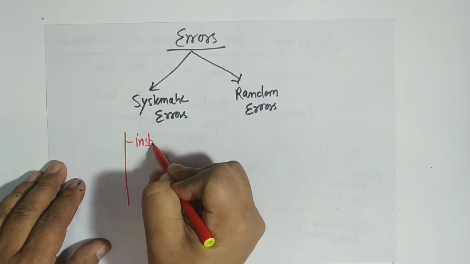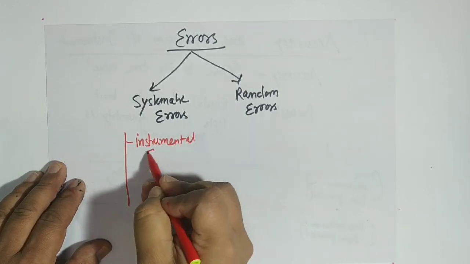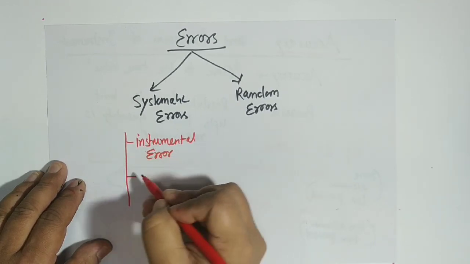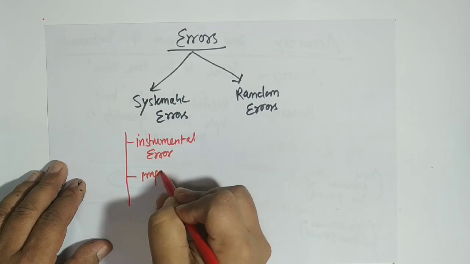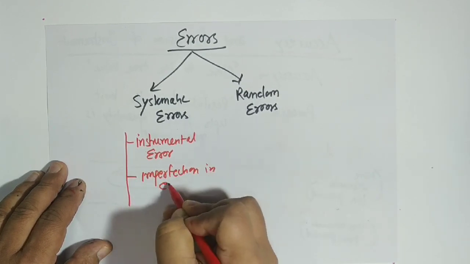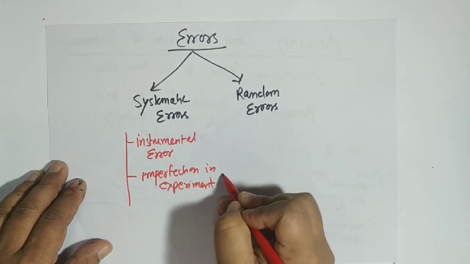One is instrumental error, the first experiment which I showed you, the example which I gave you of the scale. Second is imperfection in experimental technique.